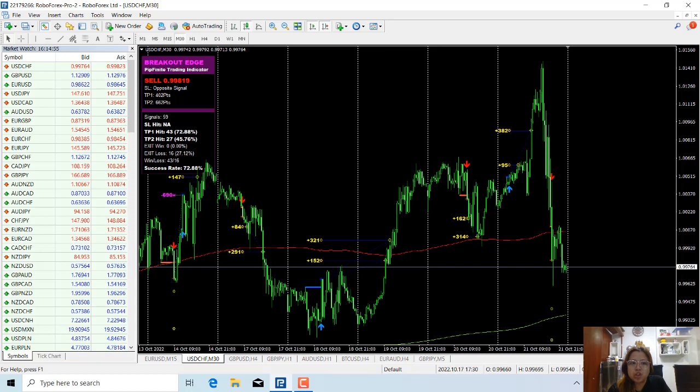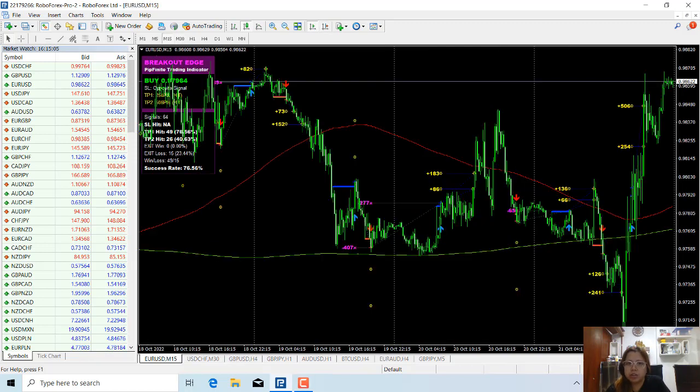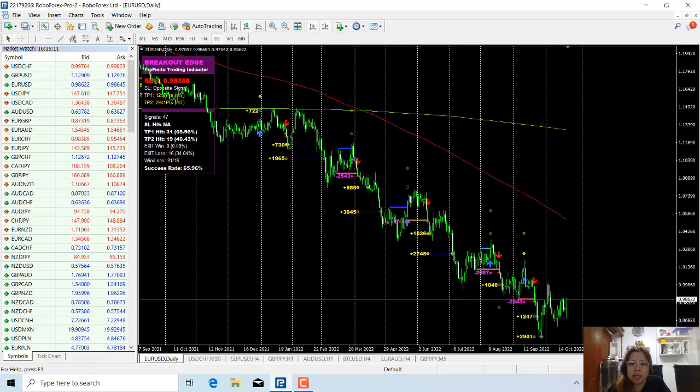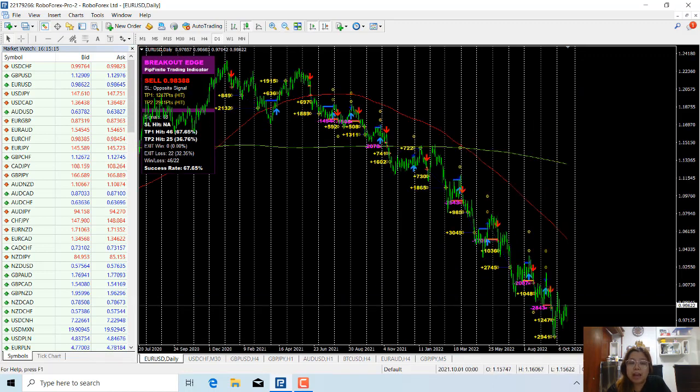For today's video, what we're going to do is look at the potential of trading some currencies for the incoming week. So first of all, let's look at the major pairs, which is EURUSD. Let's start by looking at the daily time frame, so we will be able to visualize where we are in terms of our trend.